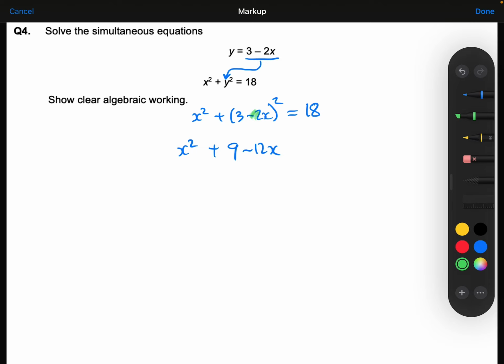And then I would also have the minus 2x squared, which would be 4x squared. And I know that's going to equal 18.